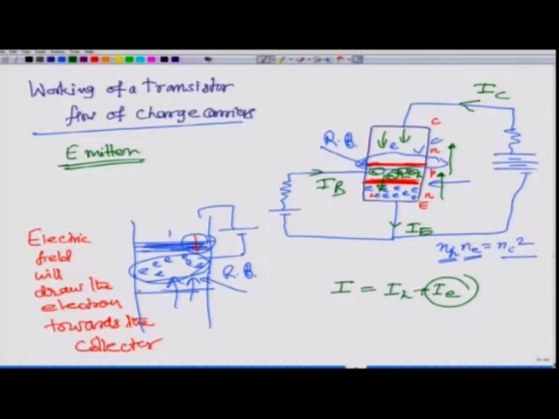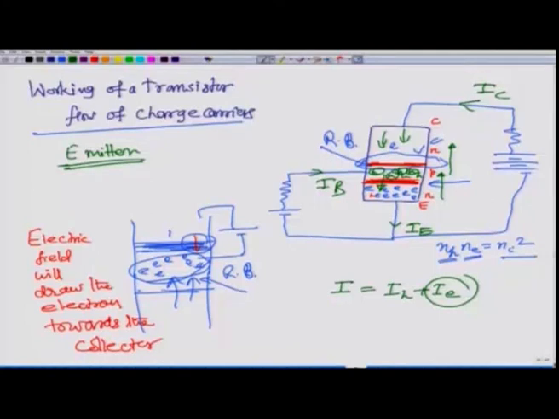You cannot have accumulation of charges in a circuit, right. In a steady circuit you do not have accumulation of charges, and therefore if an electron is getting lost here by recombination, that has to be compensated, and that is done by this battery. So, if there is a recombination somewhere, another electron-hole pair is generated, and that electron flows into this battery and makes up this current IB.